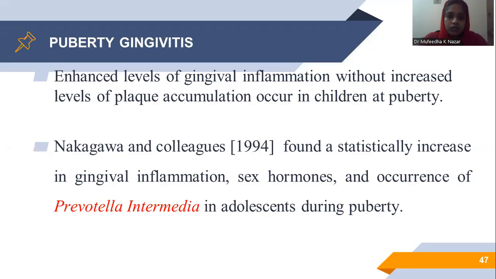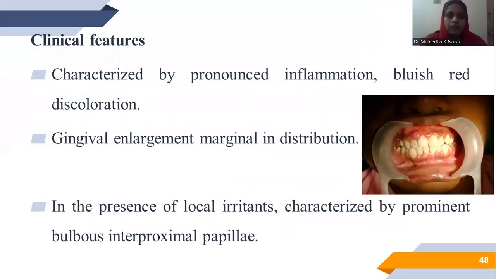Puberty gingivitis. As the name suggests, this type of gingivitis is the gingival inflammation that is seen during puberty without an increased level of plaque accumulation. Studies have found that along with the hormonal changes, Prevotella intermedia is also associated with the occurrence of puberty gingivitis.